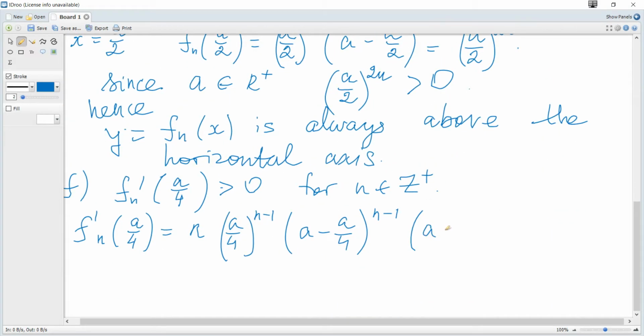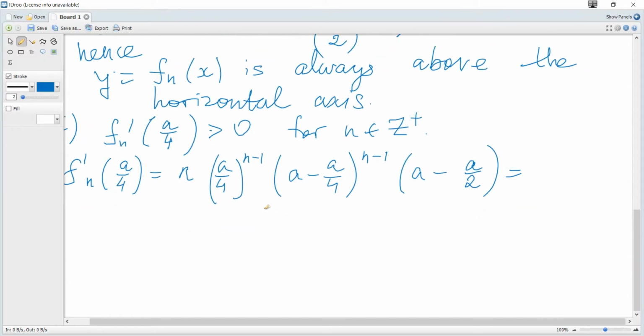So a minus 2 multiplied by a over 4, so it's a over 2, and it becomes n (a/4)^(n-1), (3a/4)^(n-1), and a over 2.